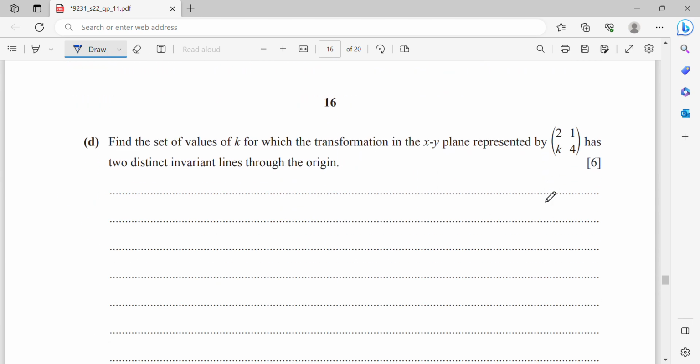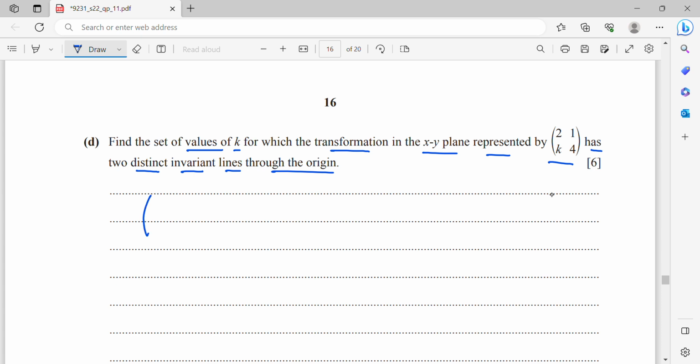Okay, so now D, find the sets of values of K for which the transformation in the xy plane represented by [2, 1; K, 4] has 2 distinct invariant lines through the origin. So invariant lines through origin means that the points will map into itself, and also y equals to mx, because of origin.